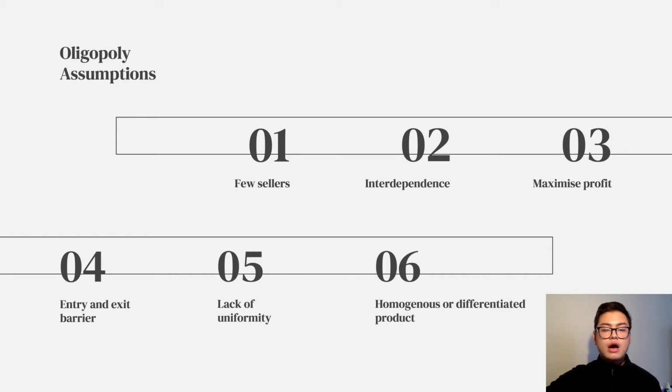And then there are barriers to entry and exit, and there will be a lack of uniformity. Only a few firms can dominate the market, and usually the products that an oligopoly firm sells are homogeneous or differentiated.